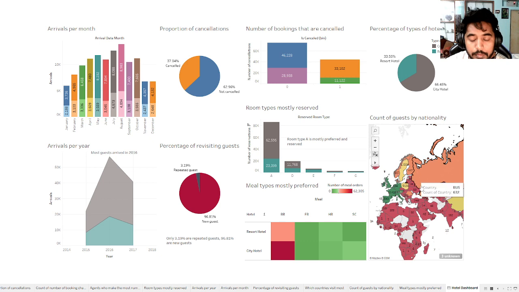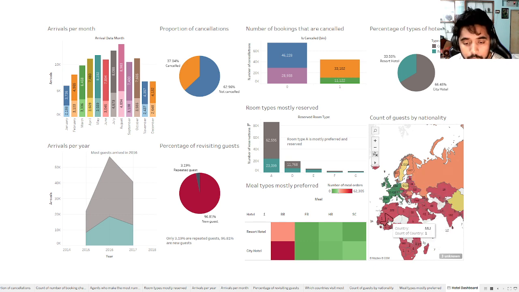What we can understand from the color of this choropleth graph is that if the color is green, the number of guests that arrive from that country is very high. If the color is yellow, it is moderate, and if the color is red, the number of guests that arrive from that country is very low, like 100, 108, 32.